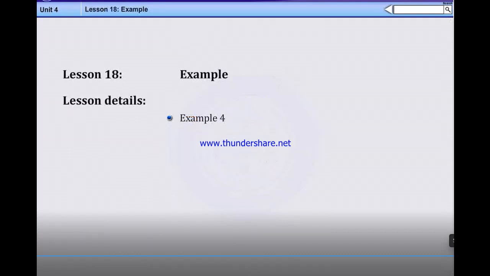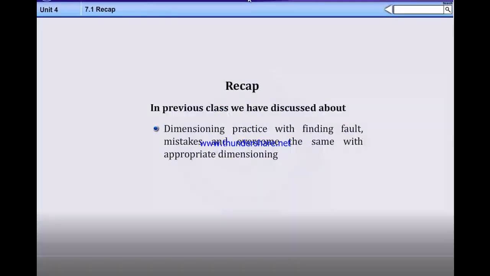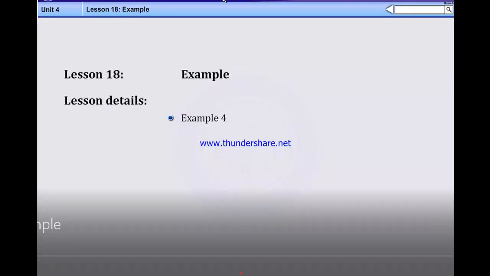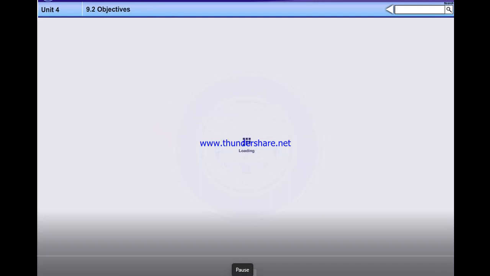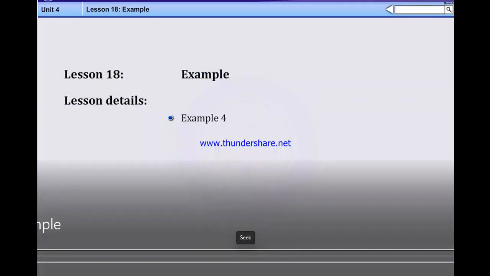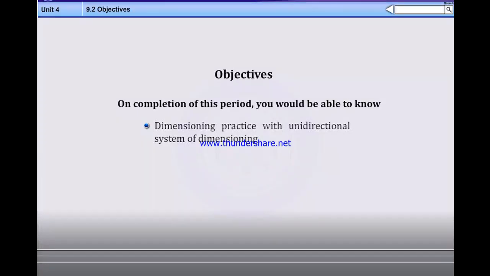Now this example. In these examples we will complete the information regarding dimensioning practice with the aligned system.